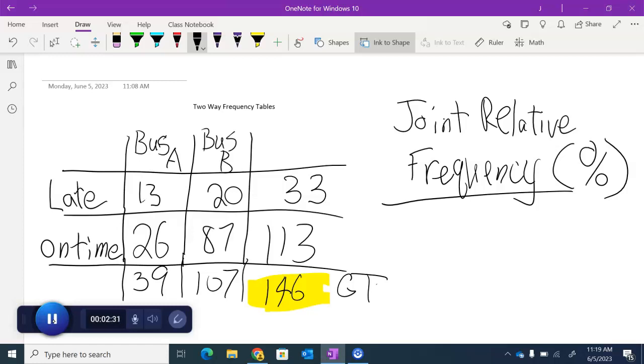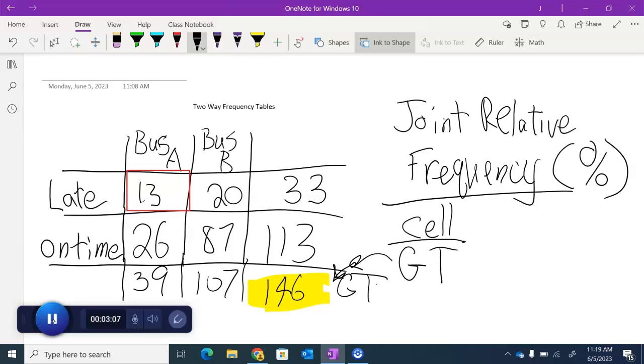So we're going to take a cell and divide it by the grand total, that number right there.